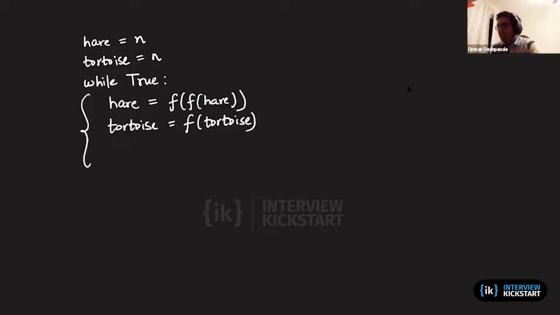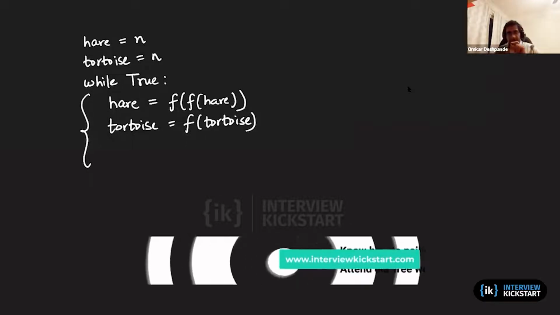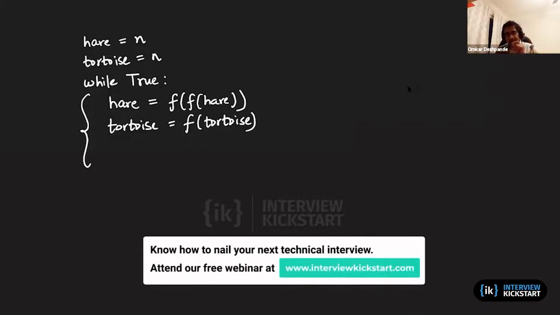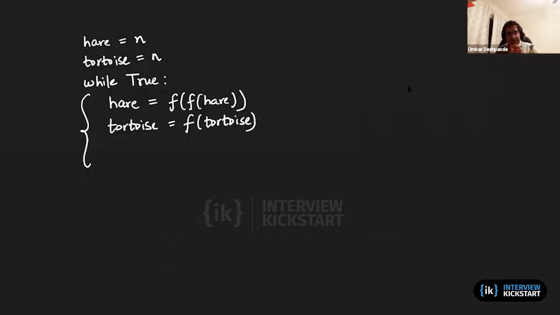So we keep doing this, and we know that this is going to end in a cycle. So that means there will be a point where the hare and the tortoise match. And when they match, if the value that they are at is a 1, that means the original number n must be a happy number, otherwise it's a sad number.